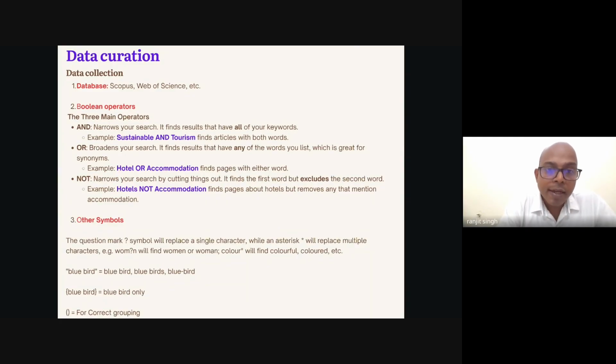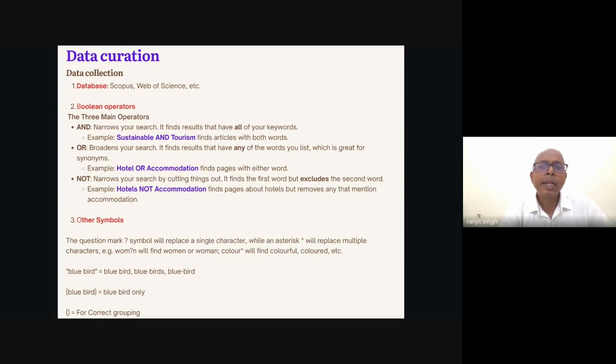That means hotels AND NOT accommodation, or any term you want to remove from the search field, you can use AND NOT. If there is any such keyword in the title or abstract, that article will not be produced by Scopus or Web of Science. Why? Because you have limited yourself by using the Boolean operator AND NOT.